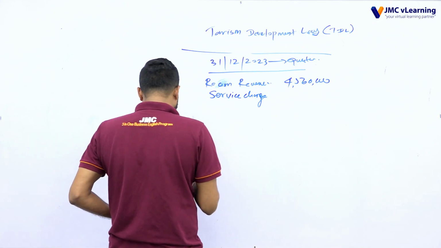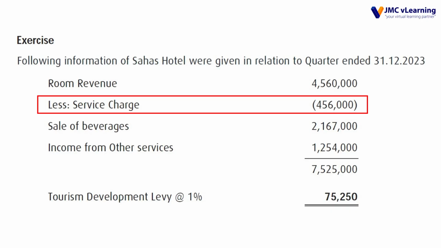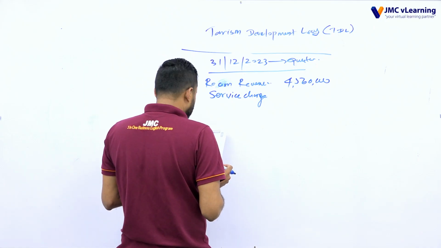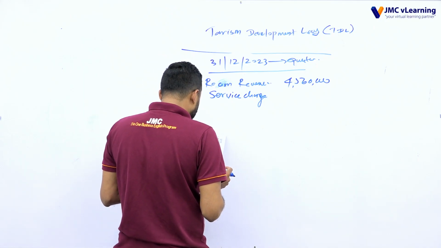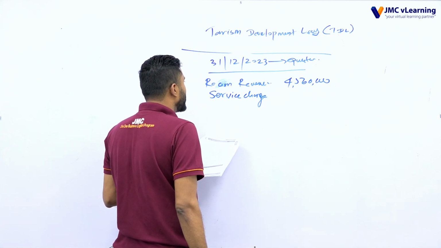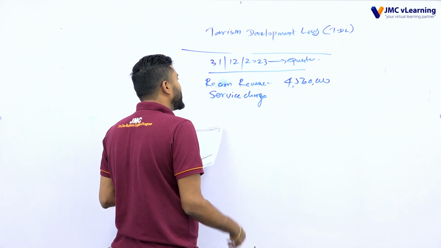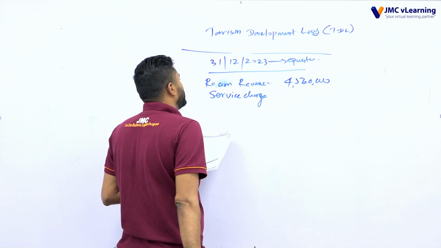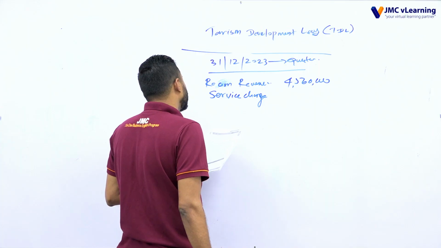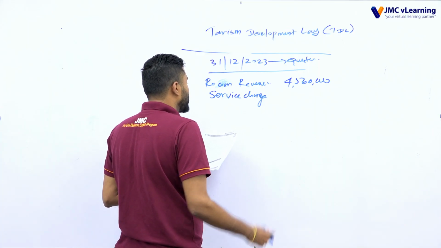It's given that the service charge is 10%. So let's say the service charge is included in this value. Here I told you that the relevant turnover you need to take is excluding the service charge, right, excluding the service charge.